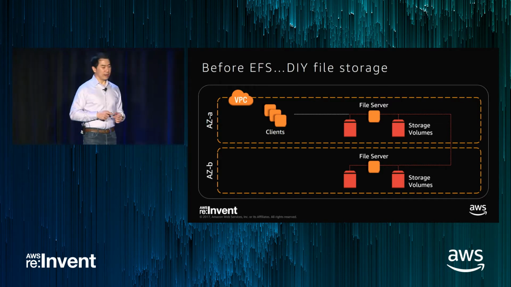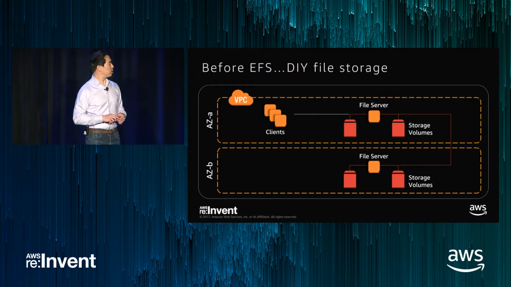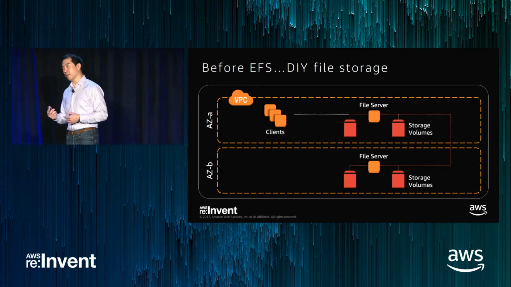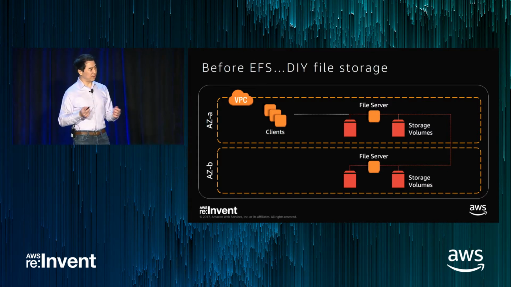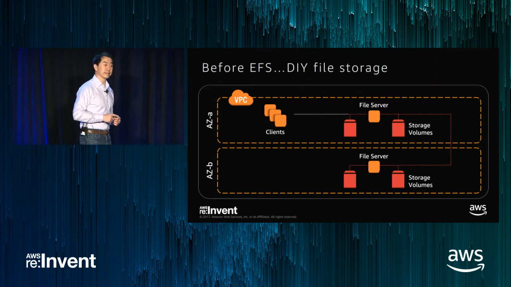But at that point, they would realize that they needed higher availability, and so they would oftentimes create a second EC2 instance with its complement of EBS volumes, and they would need to copy the data from one to the other in case of a failure scenario.